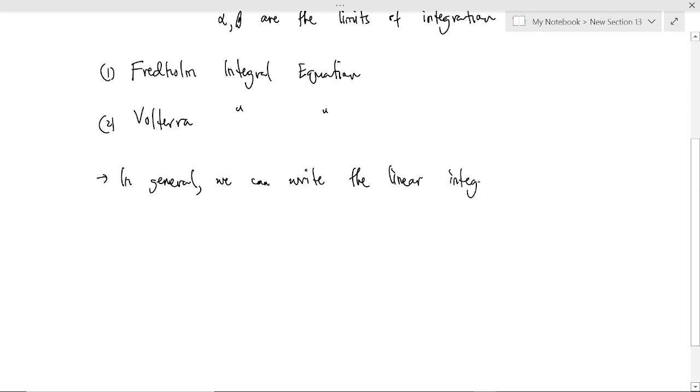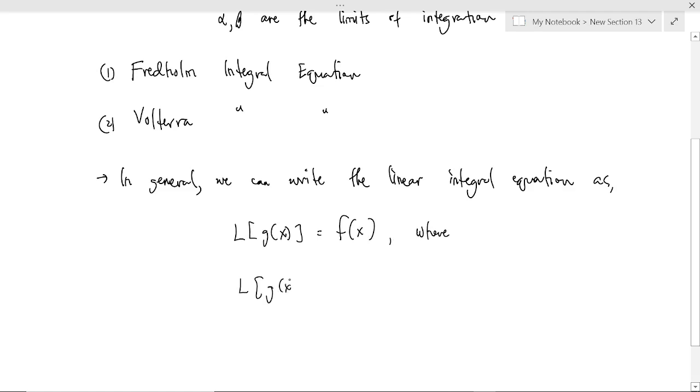We have L of g of x, which is equal to a certain integral of k(x,t) g(t) dt, evaluated from the limits a to b.